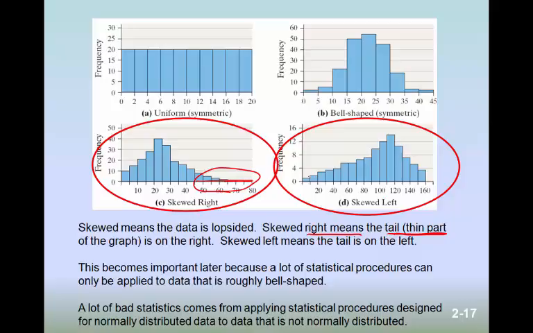And this data is skewed left because there's a longer skinny part here that is on the left side. This becomes important later because a lot of statistical procedures can only be applied to data that is roughly bell-shaped. A lot of bad statistics comes from applying statistical procedures designed for normally distributed data to data that is not normally distributed.